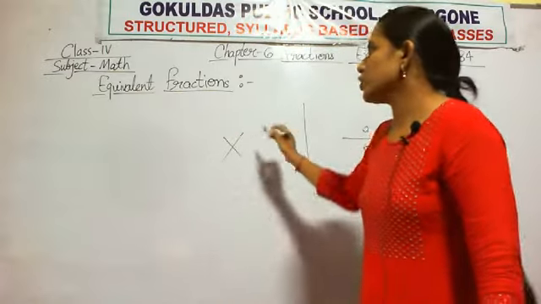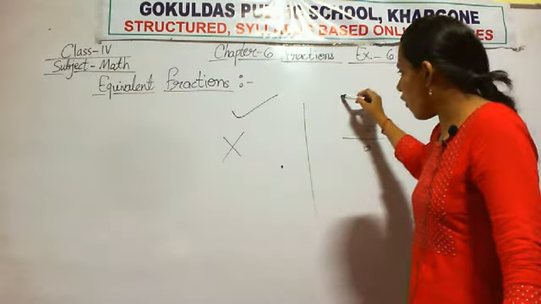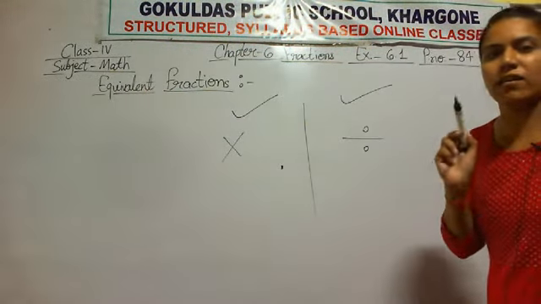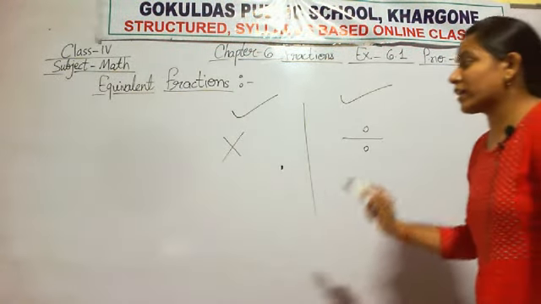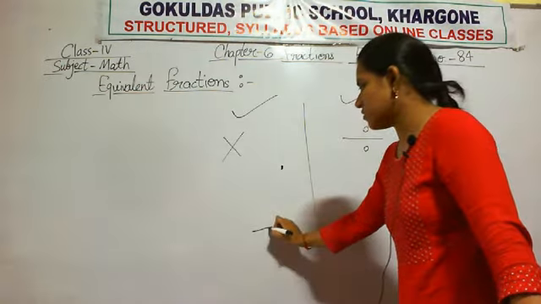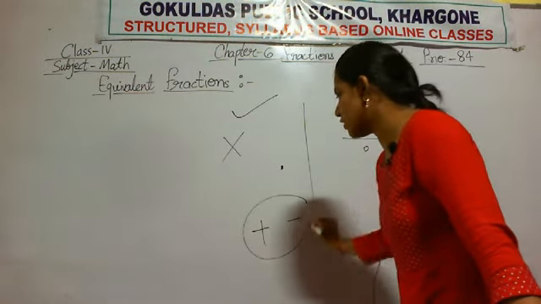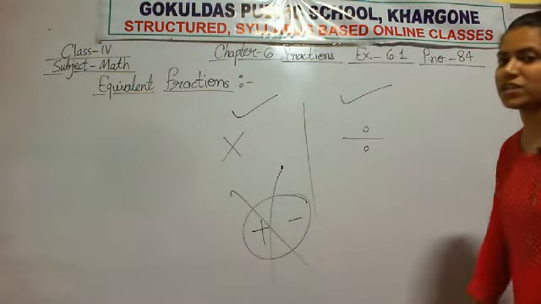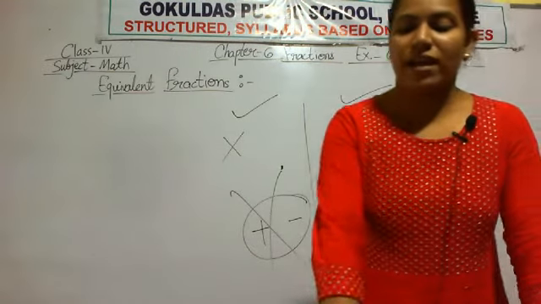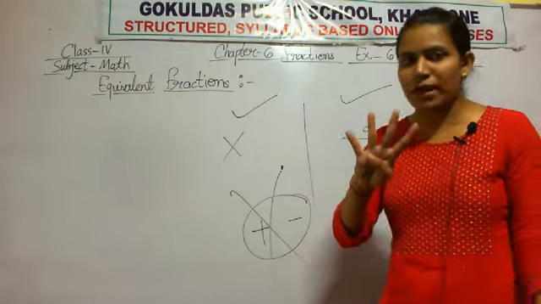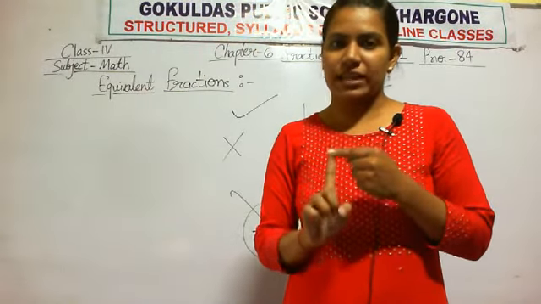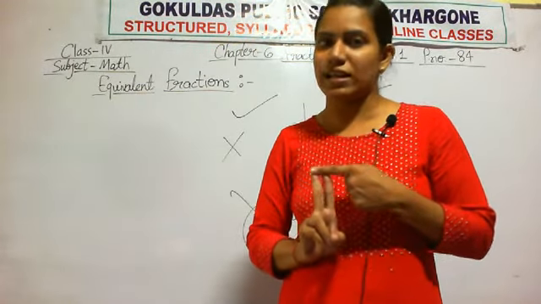Remember, you can use multiplication or division to make fractions equivalent, but you cannot use addition or subtraction. We have four mathematical operations: addition, subtraction, multiplication and division.